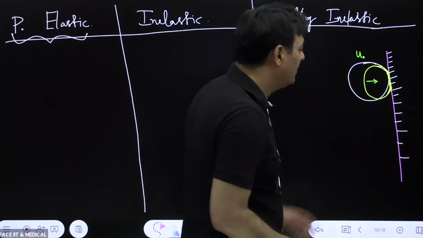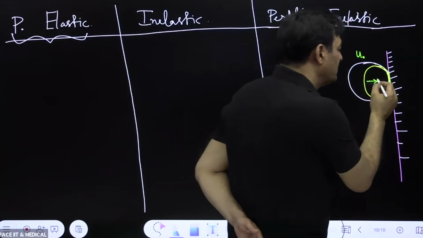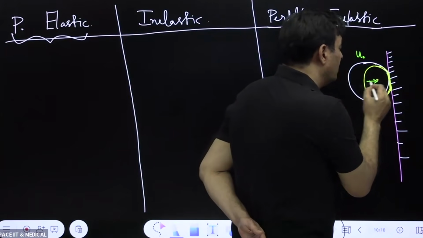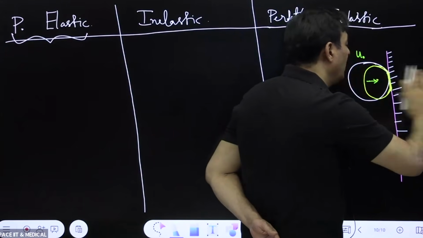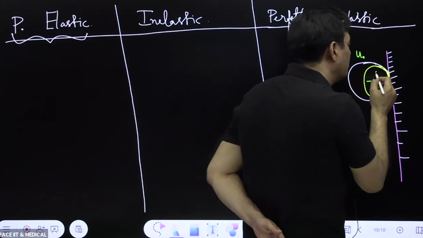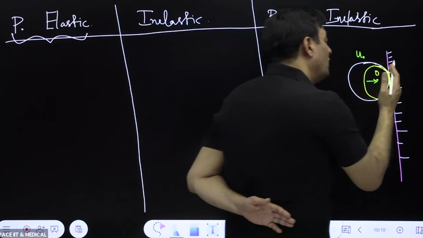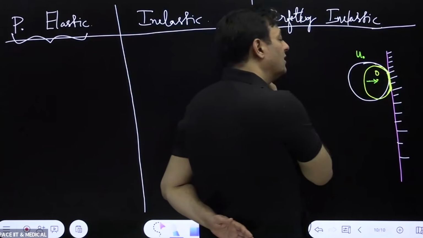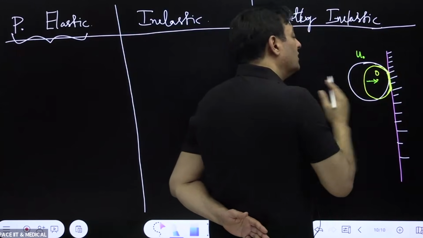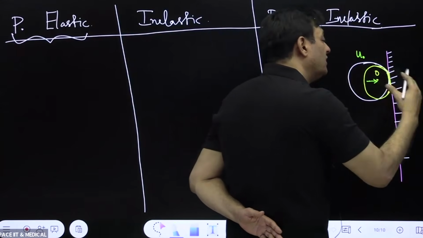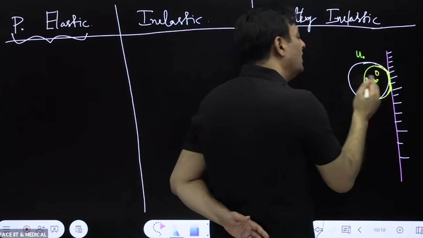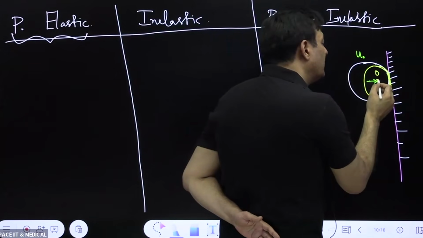Now, center of mass is here. Now, it will keep pushing against the wall and keep compressing till its velocity becomes 0. After this velocity becomes 0, the ball starts bouncing back. The whole spring kind of behavior will push it back and it will start gaining its velocity again.